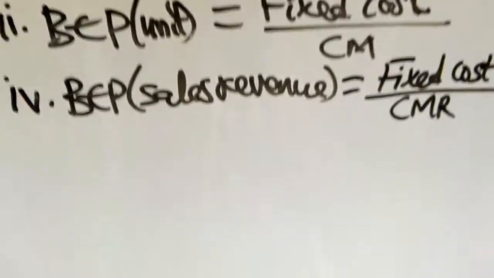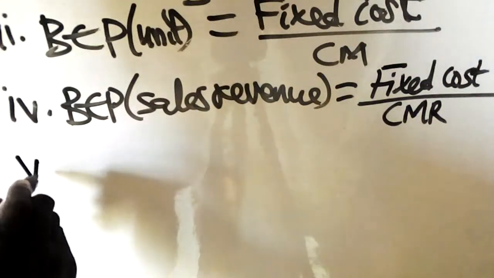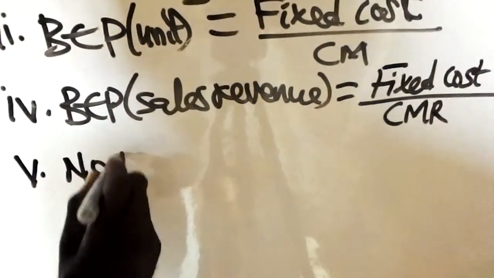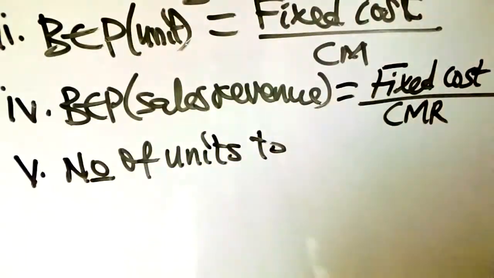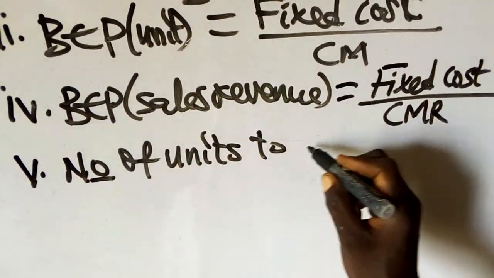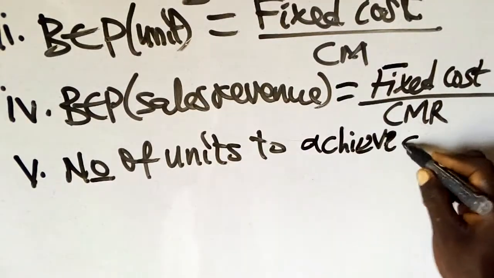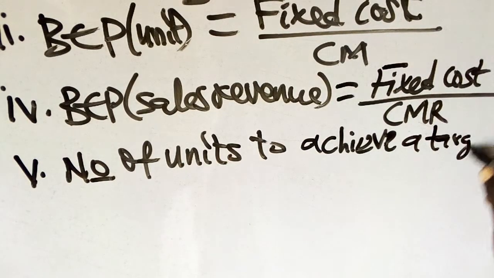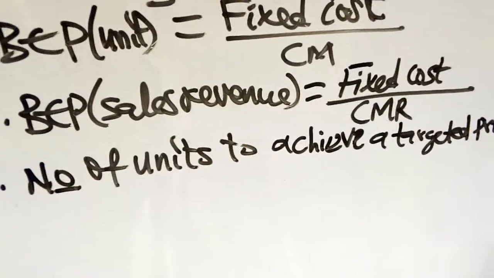Number 5, number of units to achieve a targeted profit.